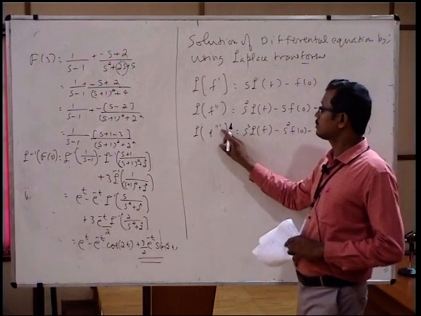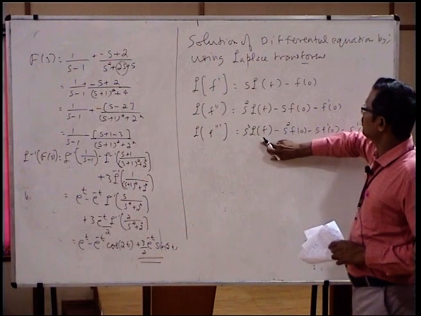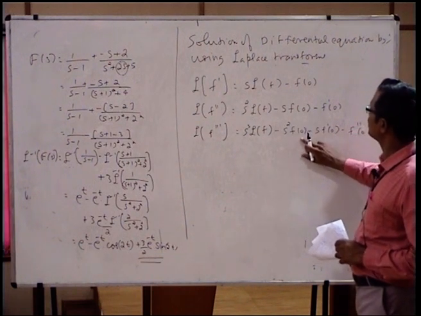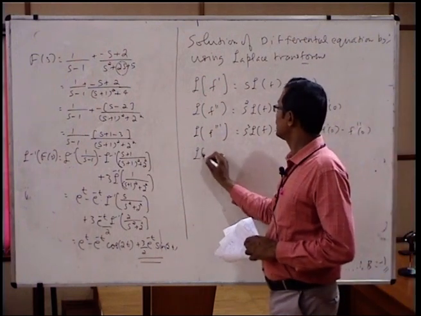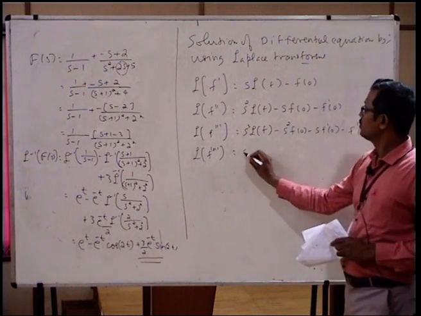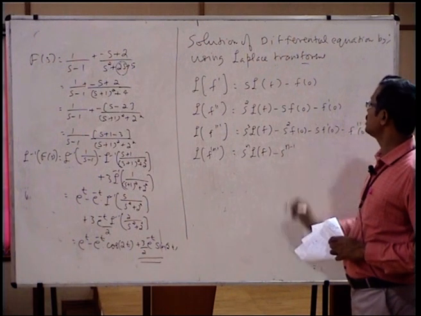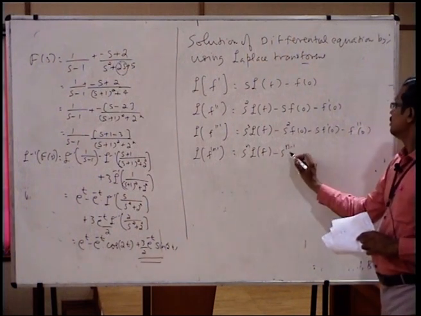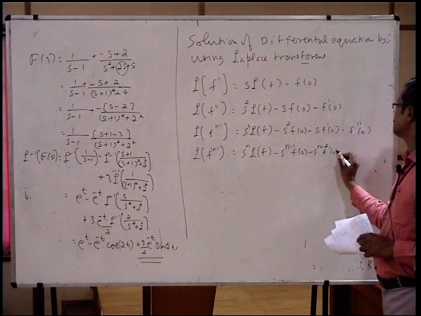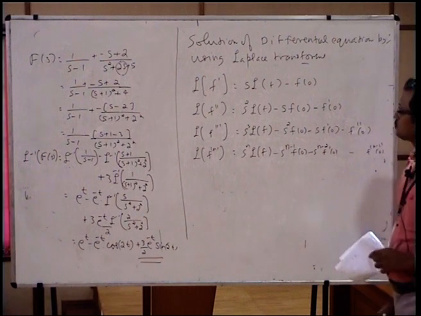So for the nth derivative, it is s raised to n times Laplace transform of f minus s raised to n minus 1 f of 0. So in general, f n, the nth derivative, is s raised to n into Laplace transform of f minus s raised to n minus 1 into f of 0, s raised to n minus 2, f dash 0, etc., f n minus 1, 0.